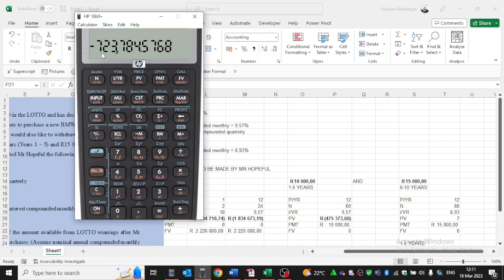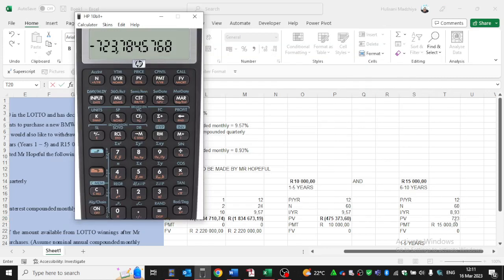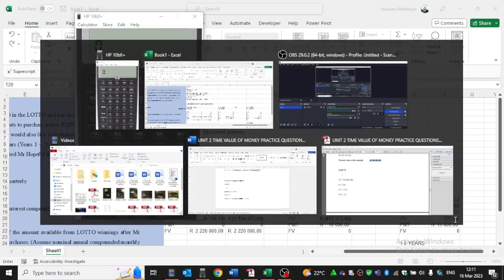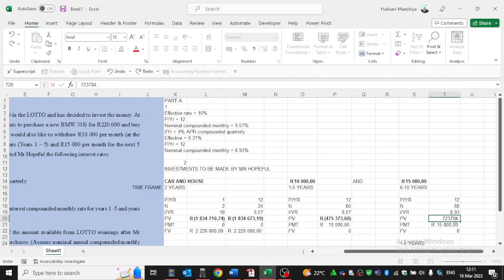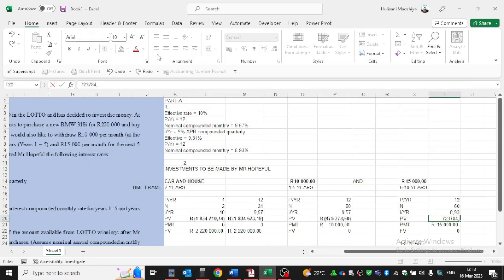The present value will actually be negative 723,784.58, that is 58 cents.